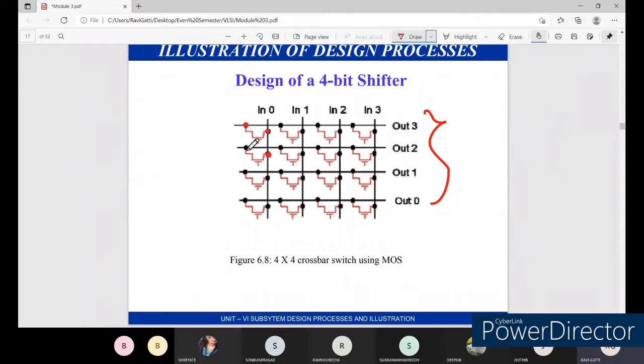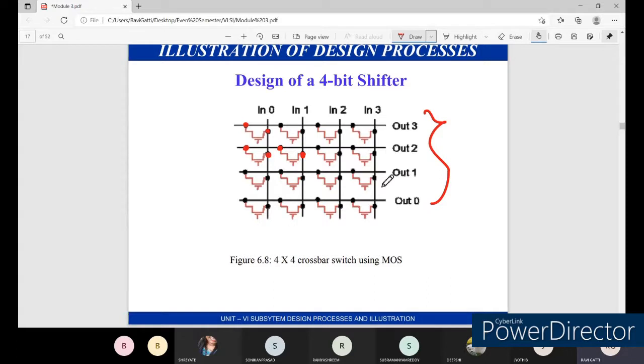Depending upon the application of the switch and the voltage passing across these lines, you will get the output of this 4-bit shifter. This is an example of a 4 cross 4 crossbar switch using NMOS transistors.